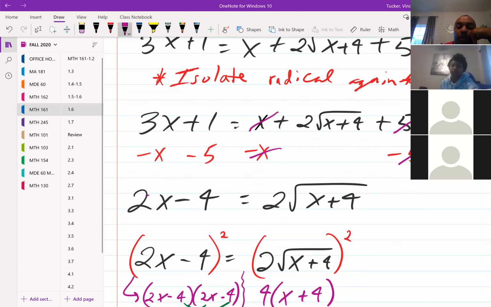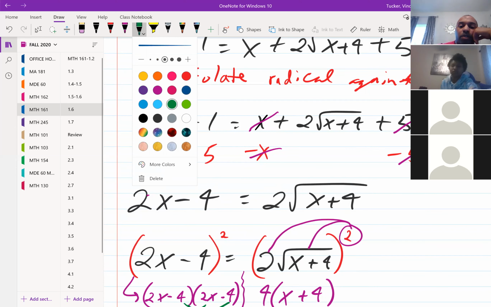And so when we square both sides, I'm going to have to expand this side out, which is 2x minus 4 times 2x minus 4. We'll do that in a second. Well, this square needs to be applied to the square root and to the 2 on the outside separately.